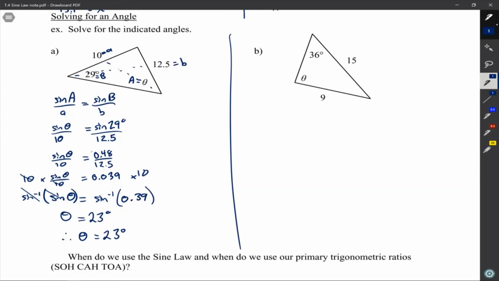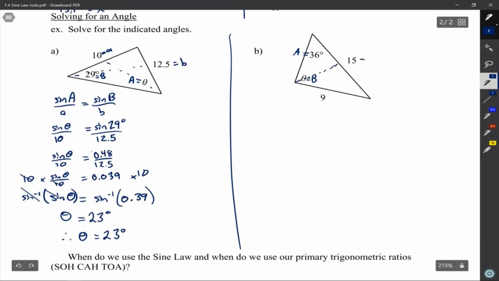We'll use this same strategy again in the same way, and we'll label them. I can choose to label these as I wish. So I might choose to label the 36 as A and theta as B, but that means how I label my angles tells me how I need to label my side length.